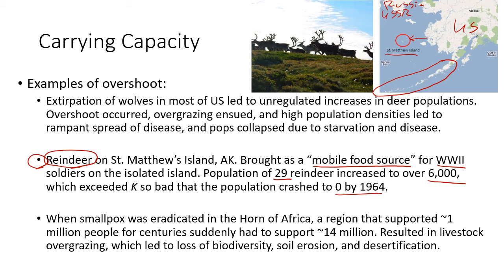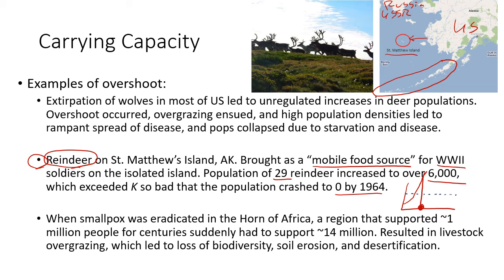Okay, so the point of this is that the carrying capacity, which I'll do in, say, a blue color, is right here. Let's say that it was 200 reindeer. They exceeded it so badly that the population overgrazed everything and crashed to 0 very, very quickly.